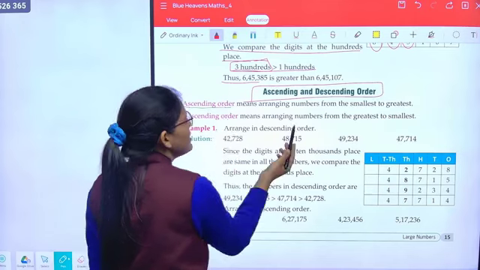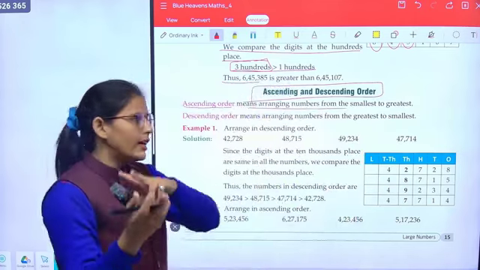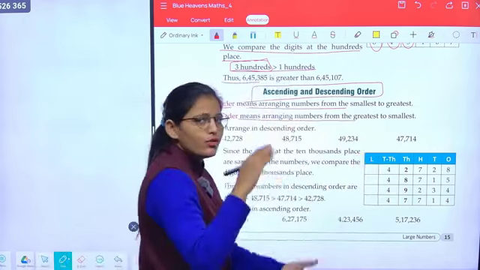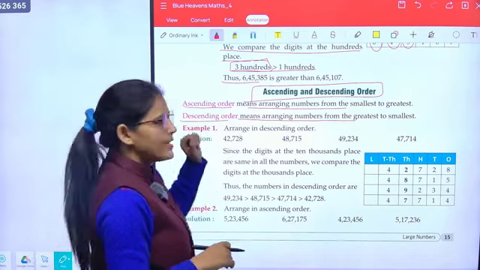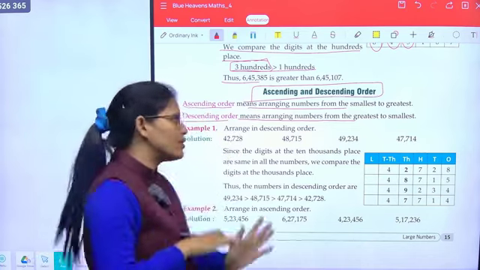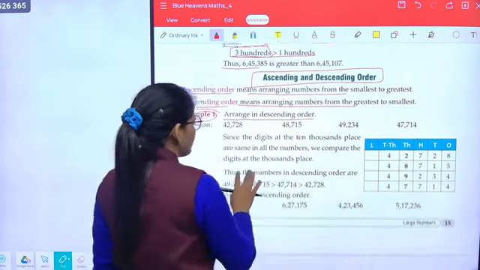Now class, ascending and descending order. Ascending order means arranging the numbers from the smallest to greatest. Descending order means arranging the numbers from greatest to smallest. In ascending order, smallest to greatest, and in descending order, greatest to smallest. Example 1, arrange in descending order.